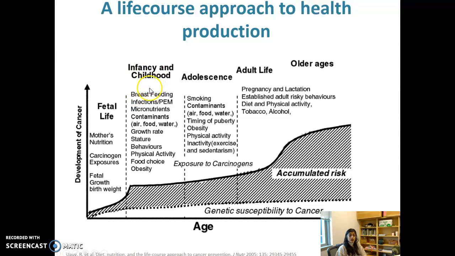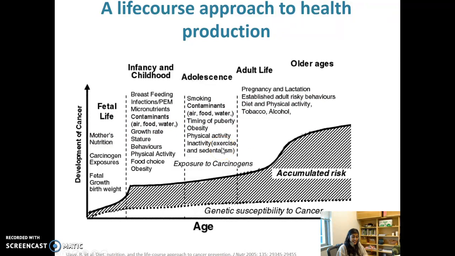Infancy and childhood, so breastfeeding increases immunity, as we've seen in some of our readings or that we may look at later. Behaviors, physical activity, food choice, obesity, and adolescence, smoking, contaminants in our food, our air, our water, which is another thread here, the importance of environmental exposures throughout the life course.